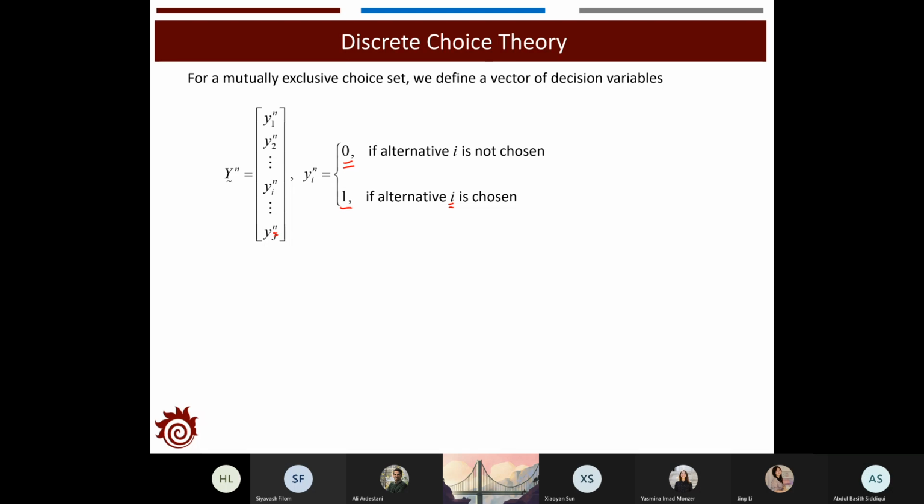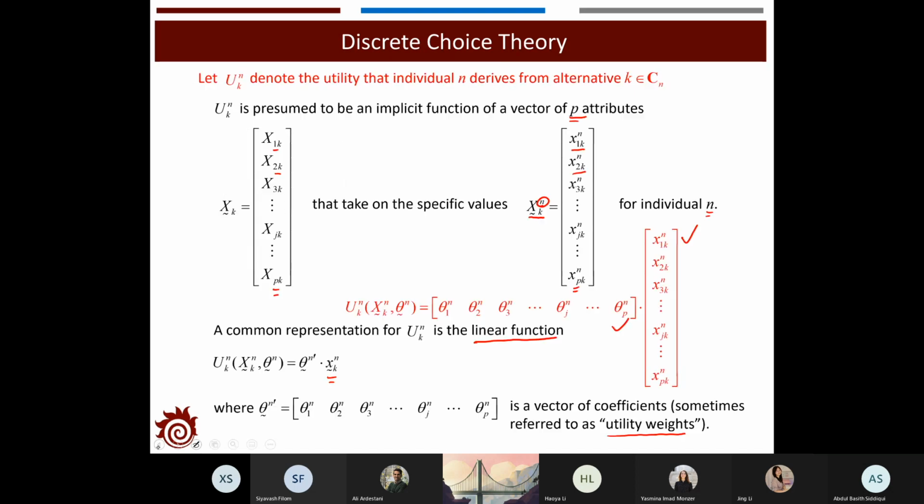And now we need to use this output y and the observed attributes to develop the discrete choice model for us to identify how we're going to model the decisions of the individual. Now the difficult part is the utility. If we go back to check the utility, this is some value that we cannot observe.